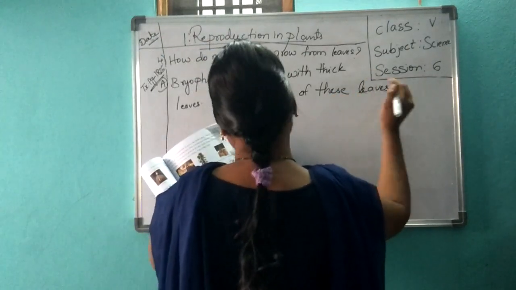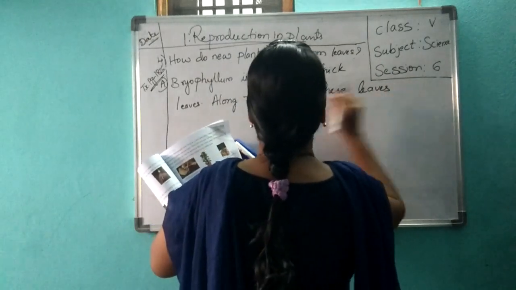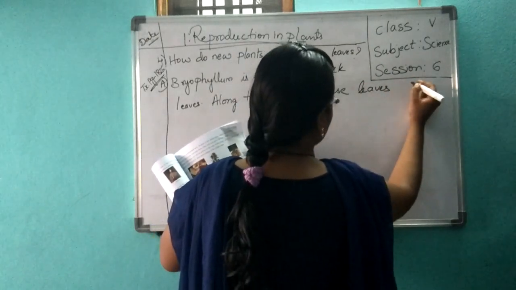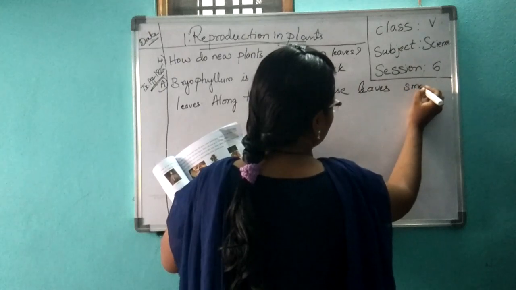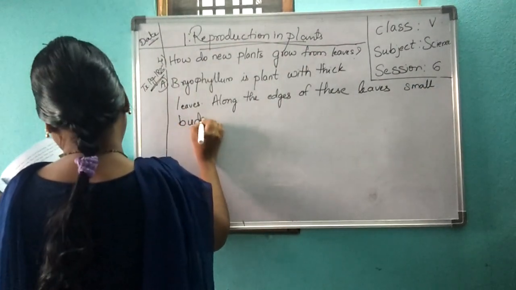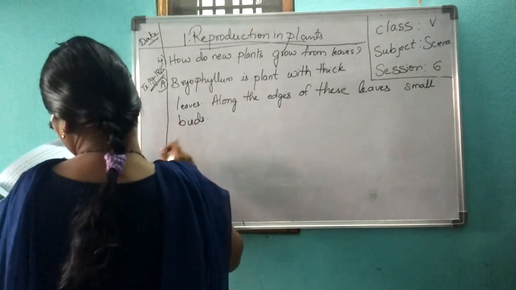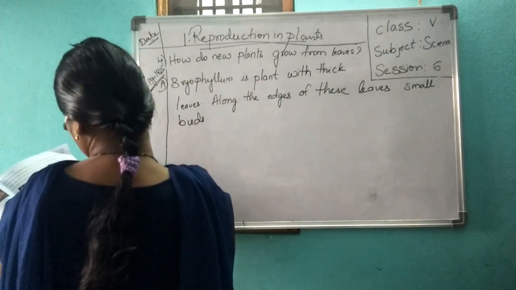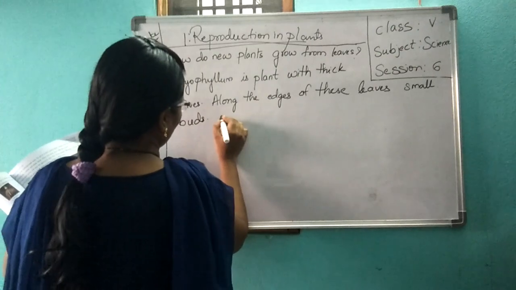Small buds. Along the edges of these leaves, small buds grow.